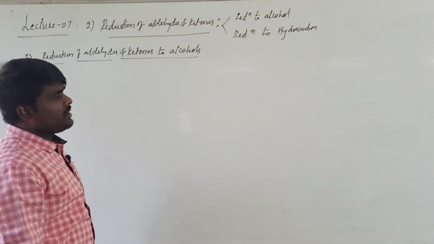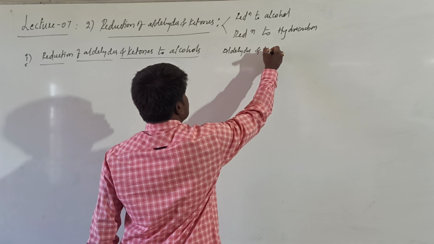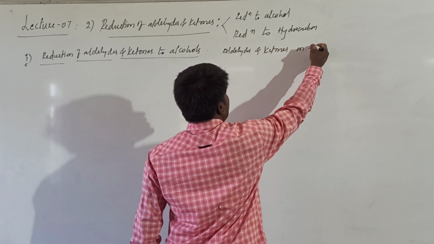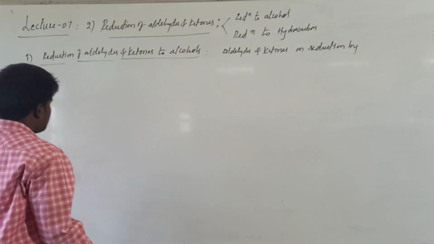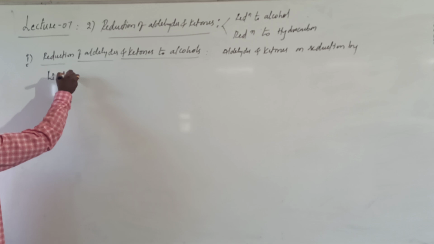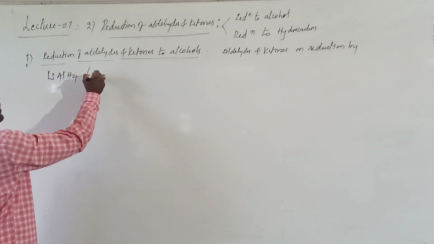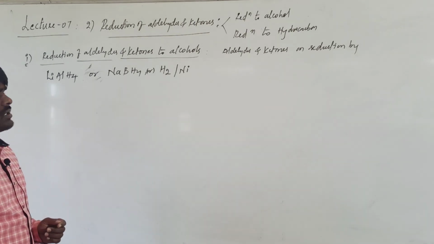Under this, aldehydes and ketones on reduction by reagents like lithium aluminium hydride followed by hydrolysis, or we can use sodium borohydride, or we can use catalytic reduction in presence of nickel. We can use any of these, followed by hydrolysis.